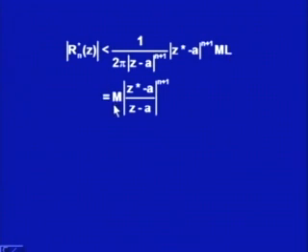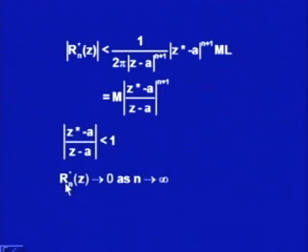So, we will have this integral as M times (z* minus a) divided by (z minus a) raised to power n plus 1, and since this modulus is less than 1, as n tends to infinity this term will become smaller and smaller, and ultimately Rn*(z) will tend to 0 as n tends to infinity.